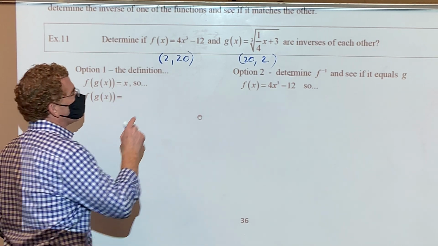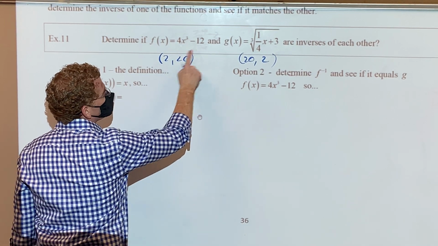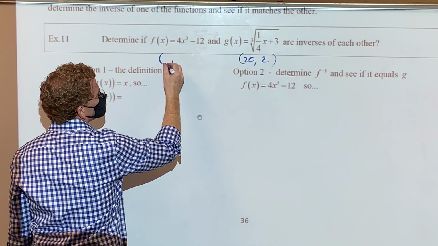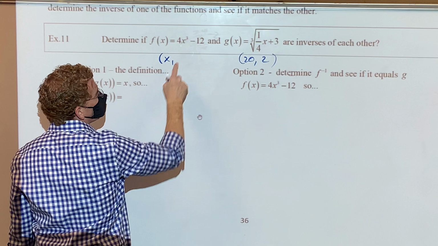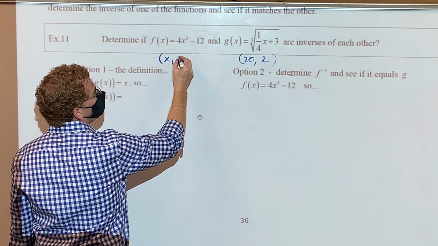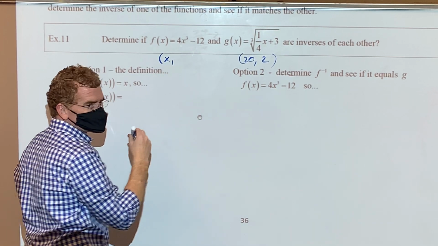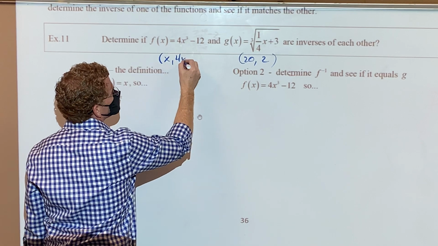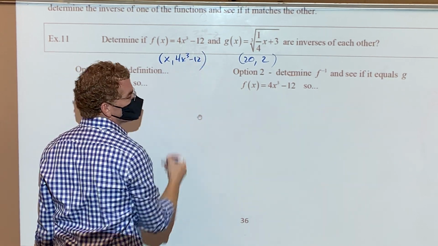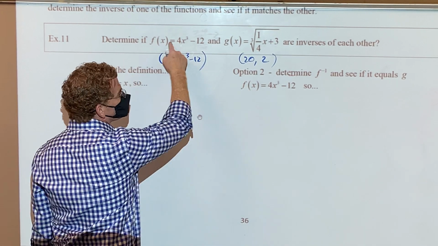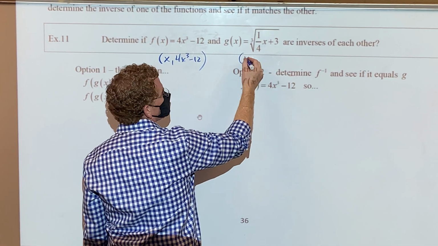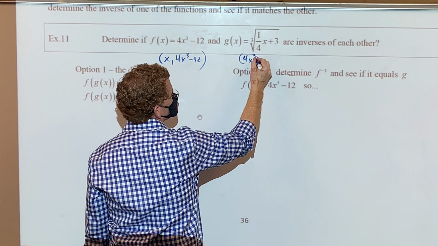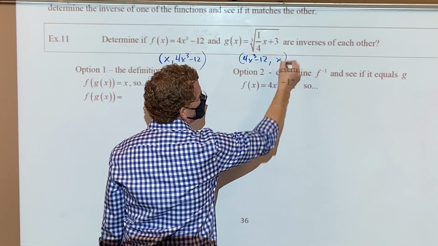If I plug an X into this function, what is my Y? 4x cubed minus 12, right? That's the function. And then if I plug a 4x cubed minus 12 into this, I should get back to x.